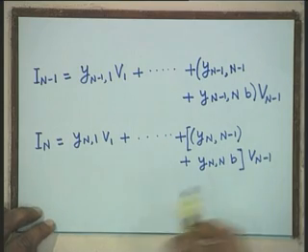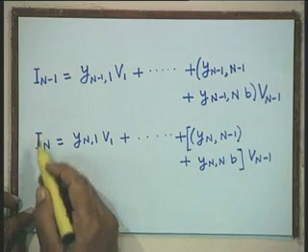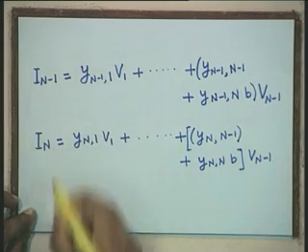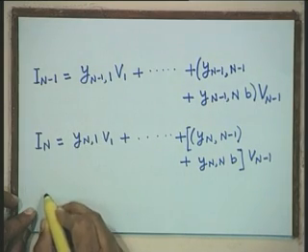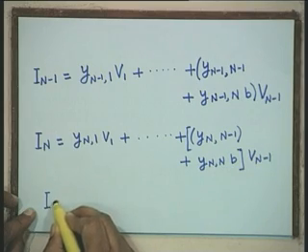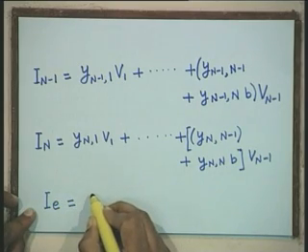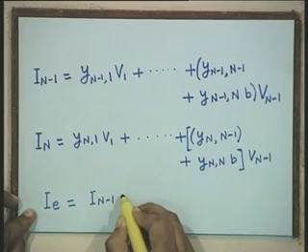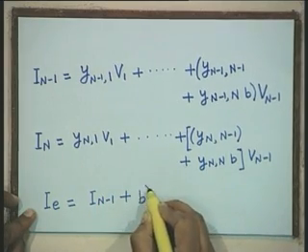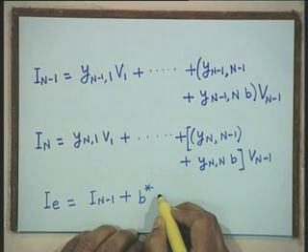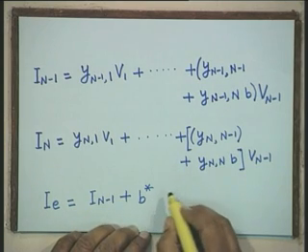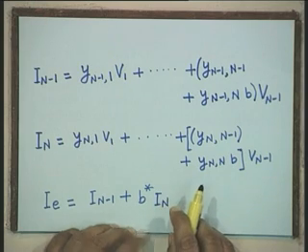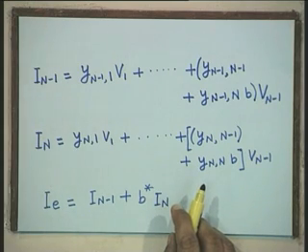I will tell you why we do this, but you multiply this I n by B star and add these two equations, and we will call this by the symbol I e, as I n minus 1 plus B star into I n, where B star stands for the complex conjugate of B. That is on the left hand side.